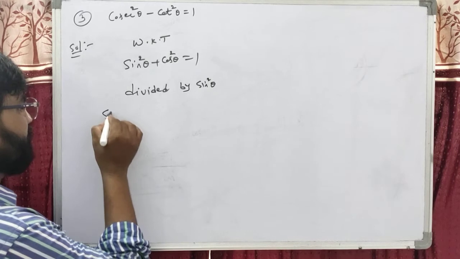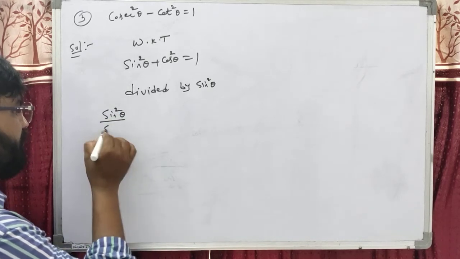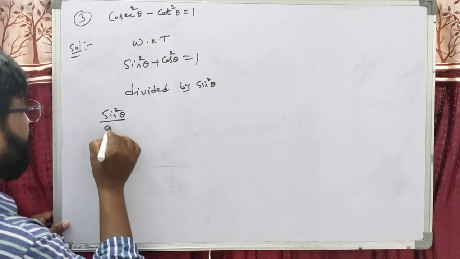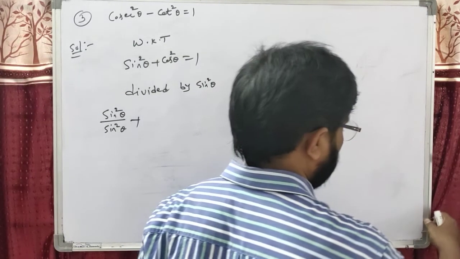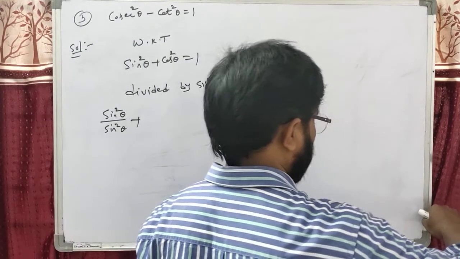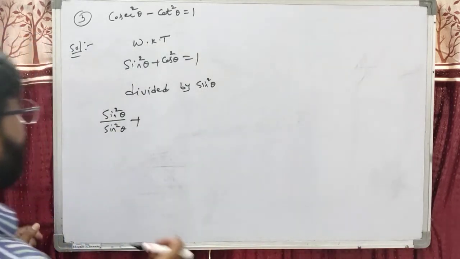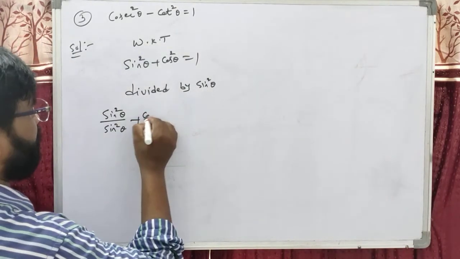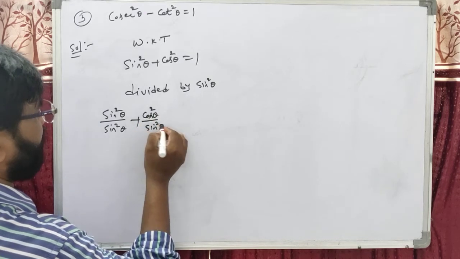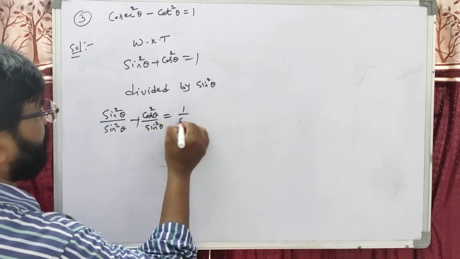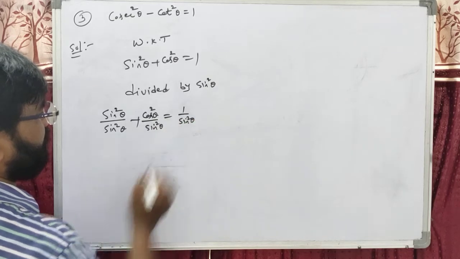You can write sin square theta by sin square theta, plus cos square theta by sin square theta, equal to 1 by sin square theta.